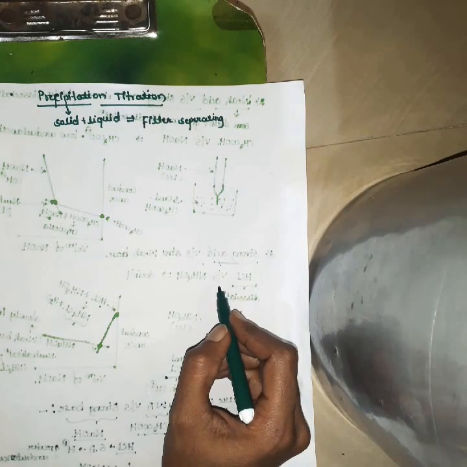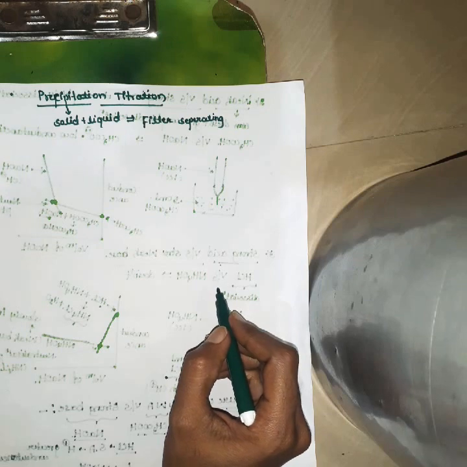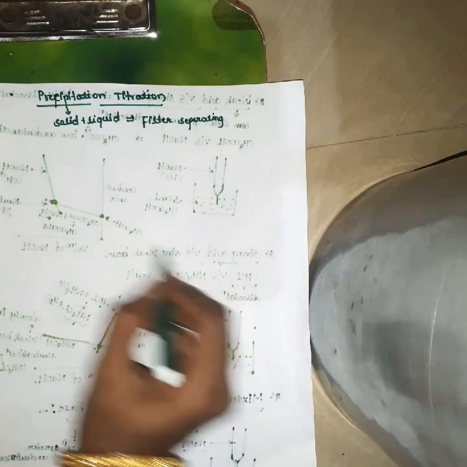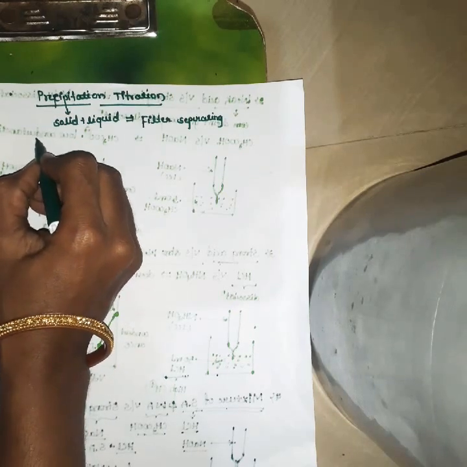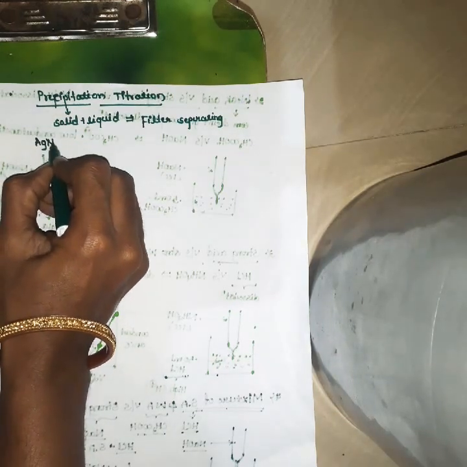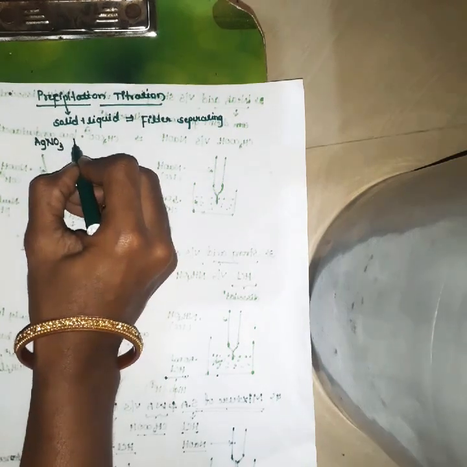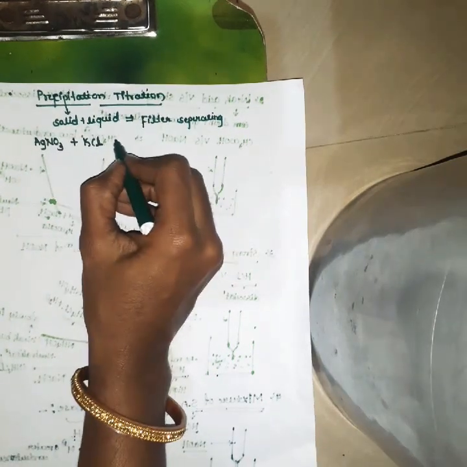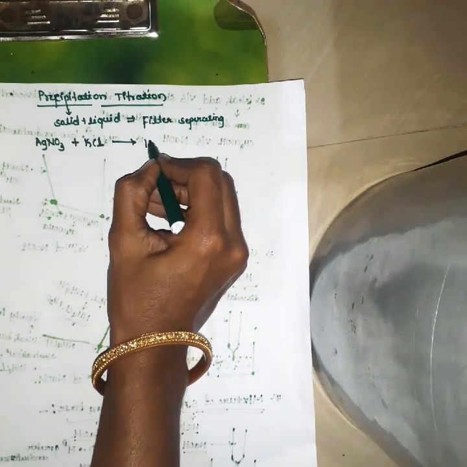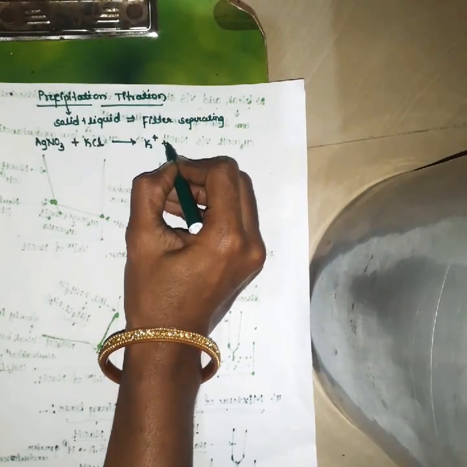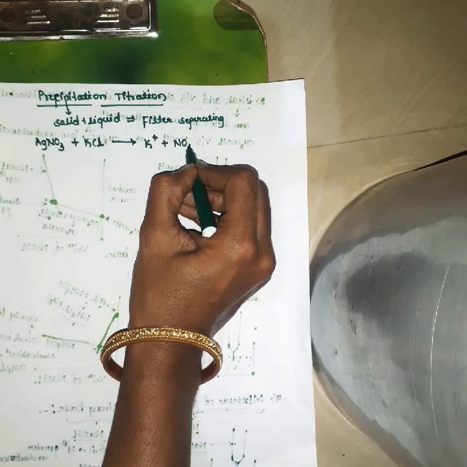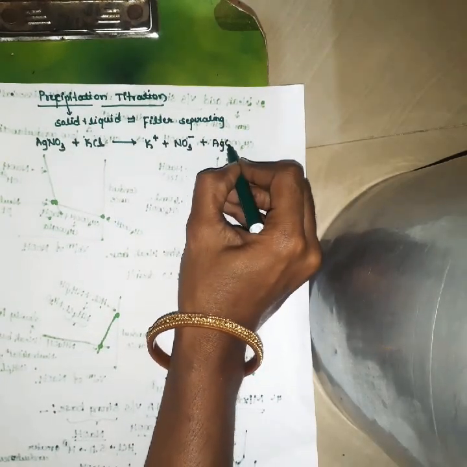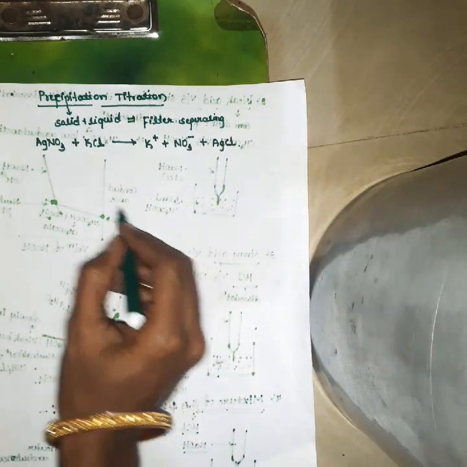Here a precipitate will be formed. Consider an example of silver nitrate. AgNO3 reacts with KCl. It forms K plus NO3 minus plus AgCl. How does it form?